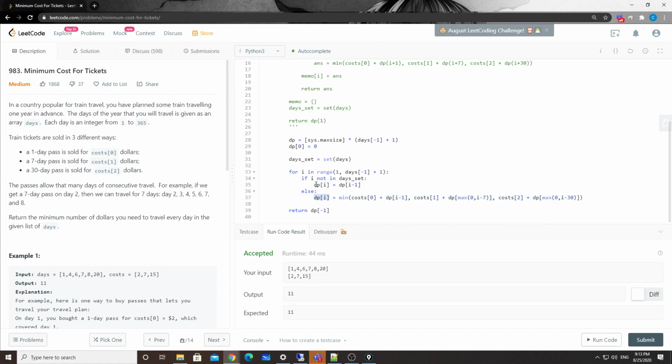Otherwise, if we don't calculate the days that we don't have to travel, then when we are at the days we need to travel and go back to the I minus one or I minus seven, we couldn't correctly inherit the previous cost. That's why this step is critical. We have to calculate the I state regardless of whether it's in our travel plan or not, and the way we calculate it is we just inherit from the I minus one.